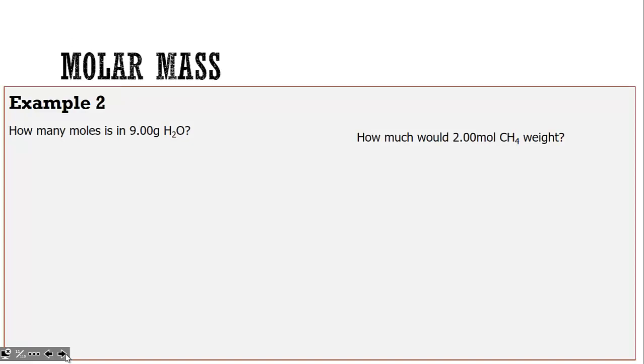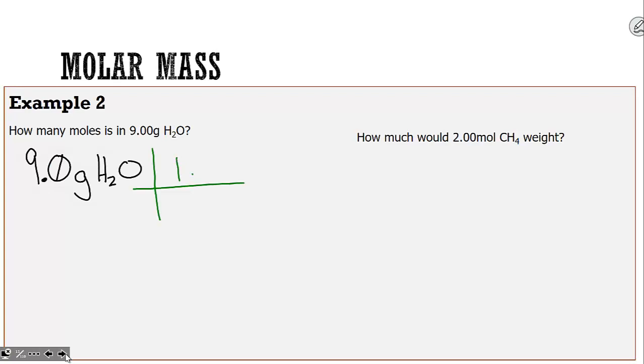So let's do some of these. If I have 9 grams of water, how many moles is that? Well, I can go from grams to moles using the molar masses off the periodic table. For every 1 mole of water, there are some number of grams. So this is where the molar mass of water would go.